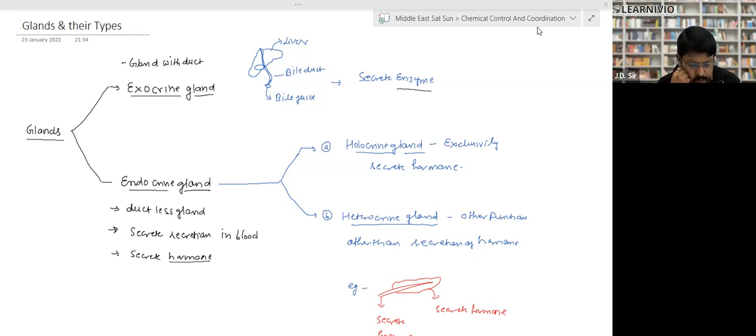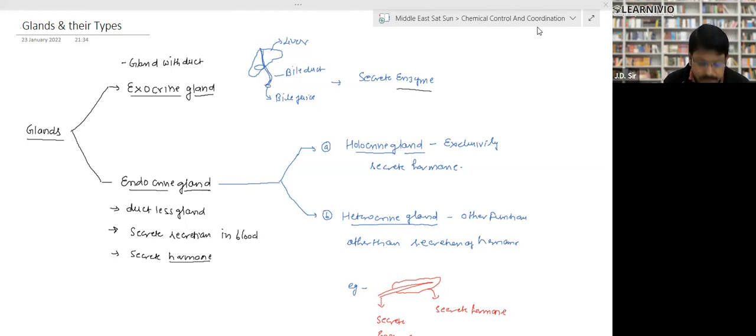They are also known as glands of internal secretion, full stop.